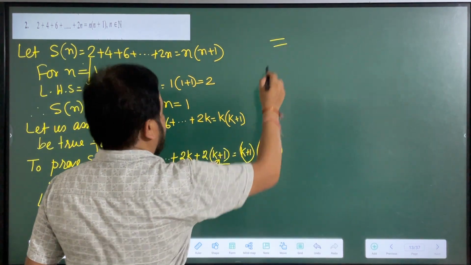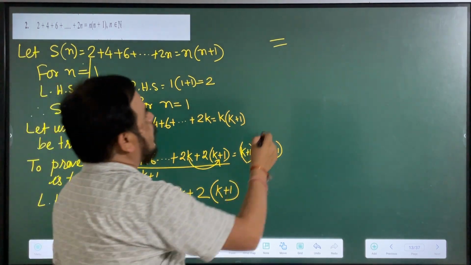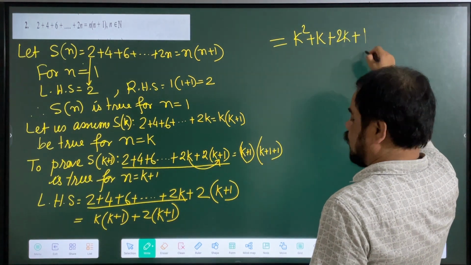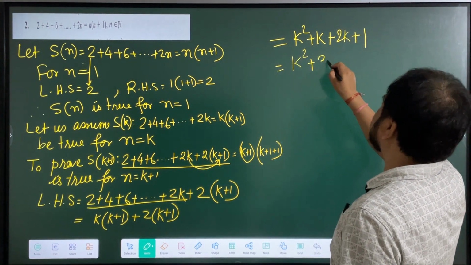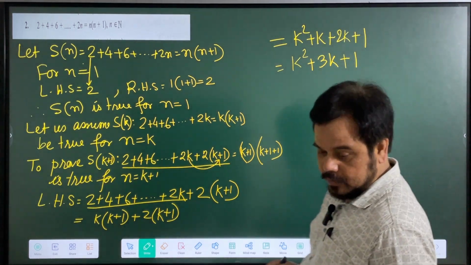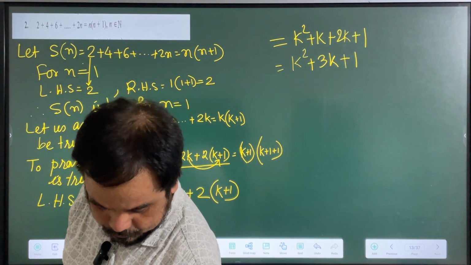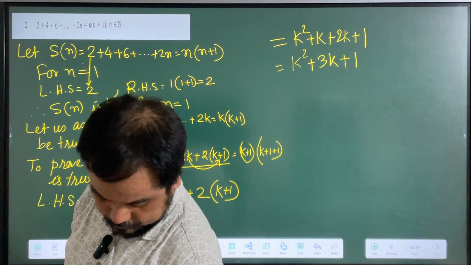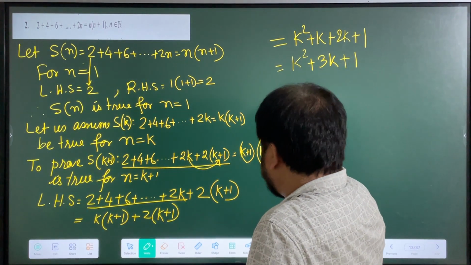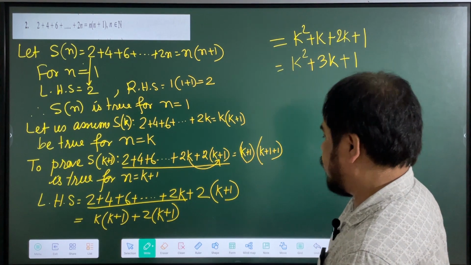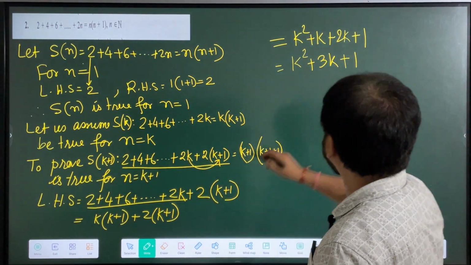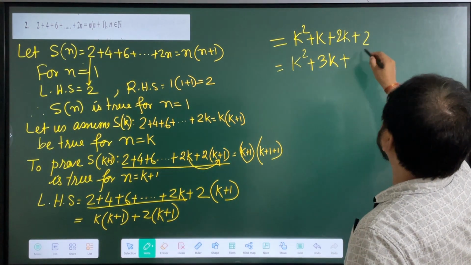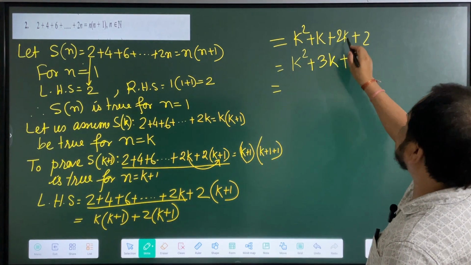This one we will do here now. k(k + 1) + 2(k + 1) = k² + k + 2k + 2, k² + 3k + 1, I think it is. Somewhere there is a mistake. 2 into k, 2k, 2 into 1, 2. Yes, this is the mistake, a calculation mistake. Okay. k² + k + 2k, 3k + 2.